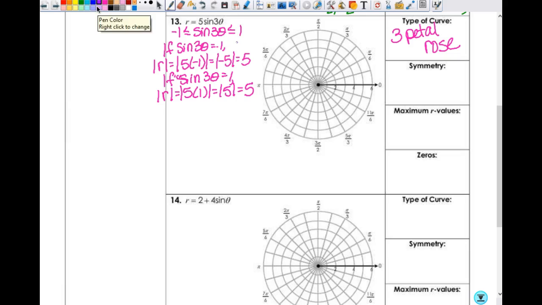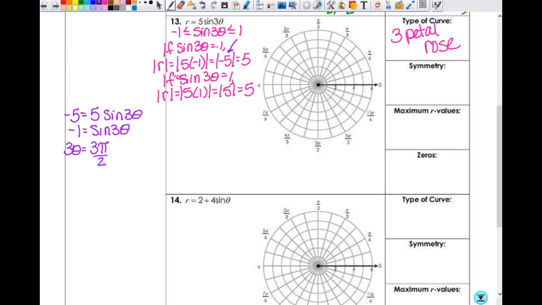So I'm going to start with the -5 here. So -5 is equal to 5 times the sine of 3 theta. This is going to give me -1 equals the sine of 3 theta. I do not divide both sides by 3 at this point. I take the sine inverse, which is going to give me 3 theta equals what? 3 pi halves. Right.